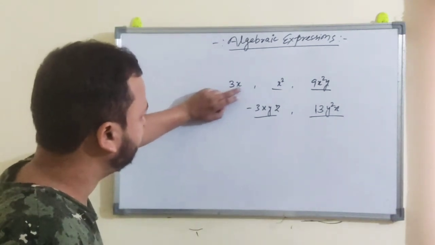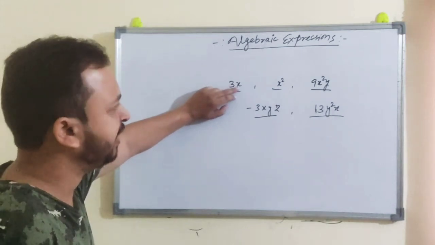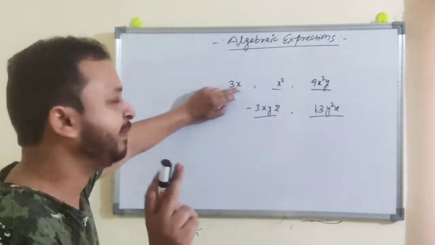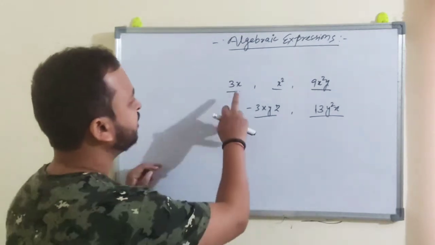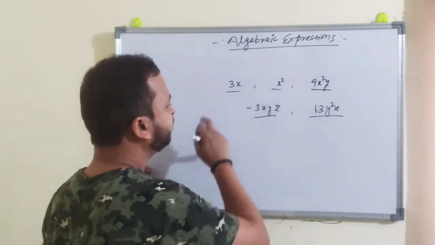One is constant, one is variable. They join together with the mathematical operation, only the multiplication, right? Only the multiplication. They are known as terms, right?